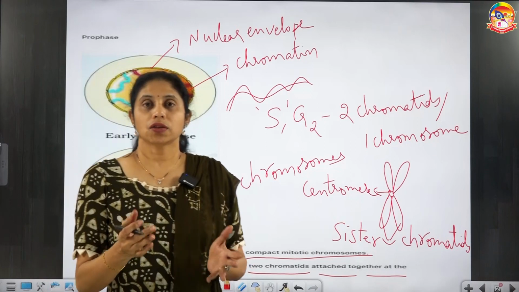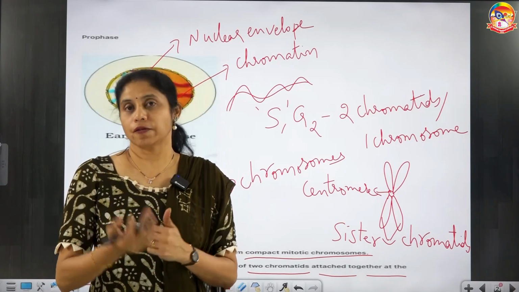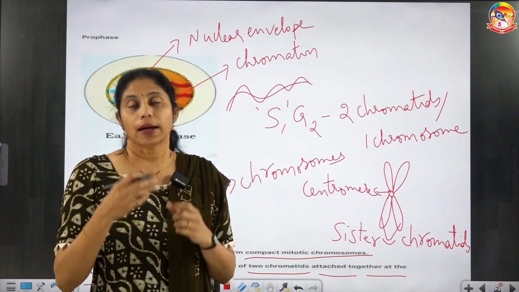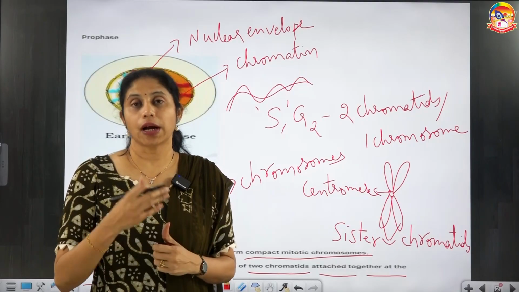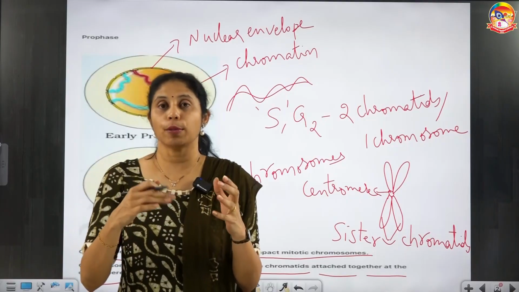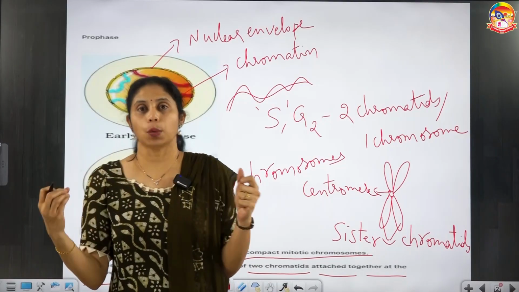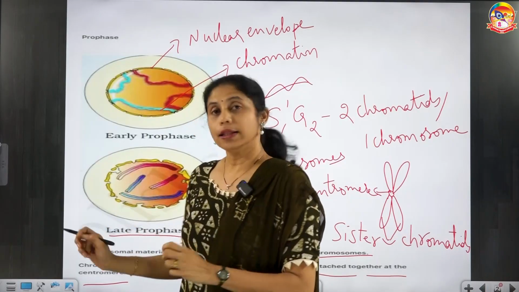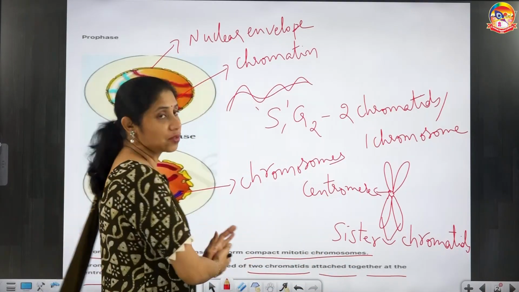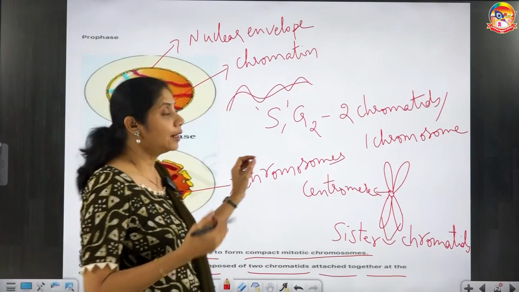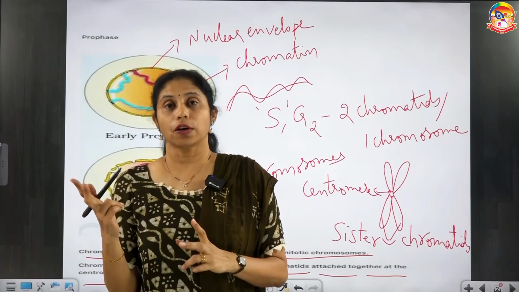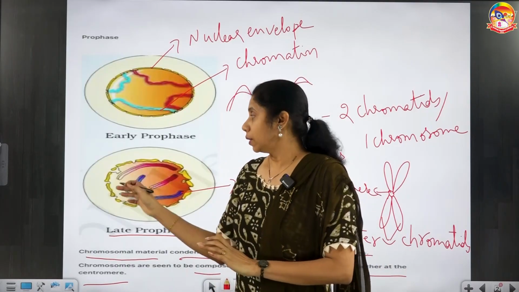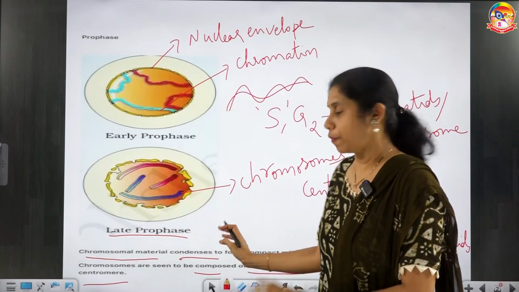The two chromatids are formed in the S phase and continue in the G2 phase, but as they are not condensed, we can't see them clearly because the sister chromatids are intertwined in the early prophase. In the late prophase, they become compact structures, and there you can see with a little more clarity two sister chromatids joined at the center with the help of the centromere. That is what happens in the prophase.